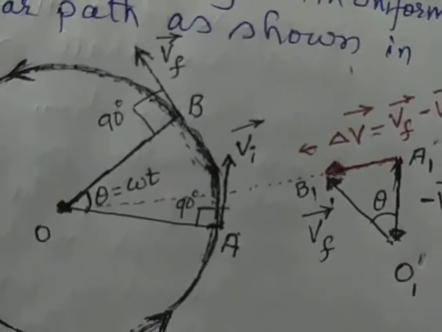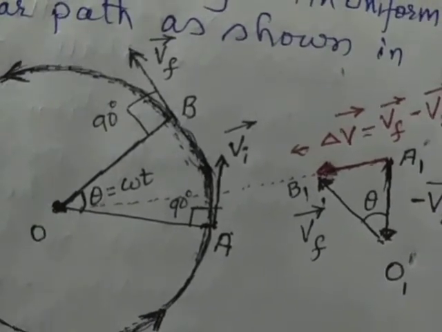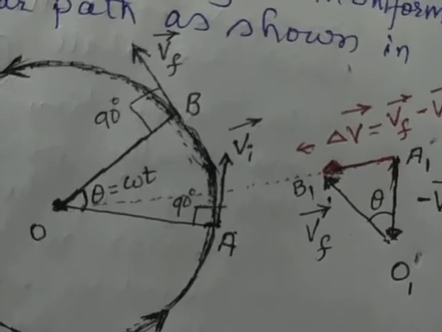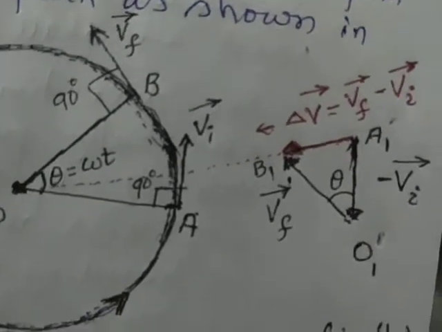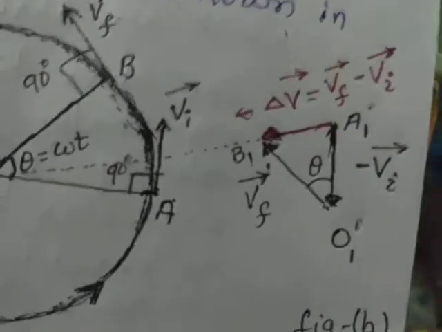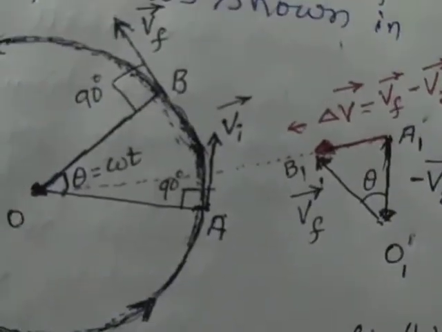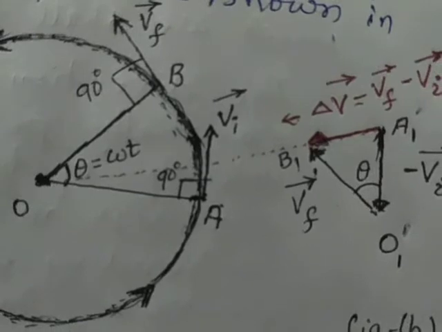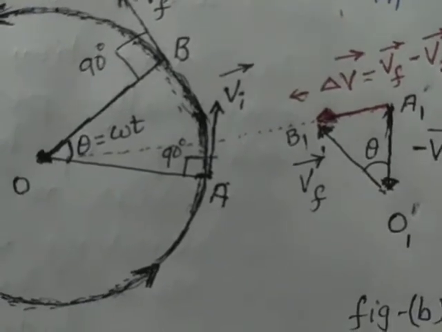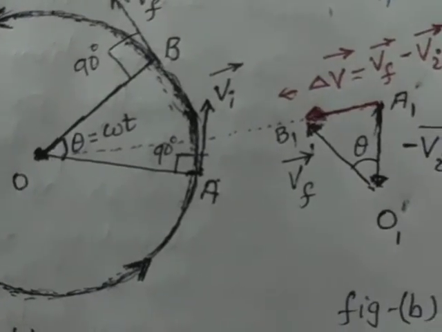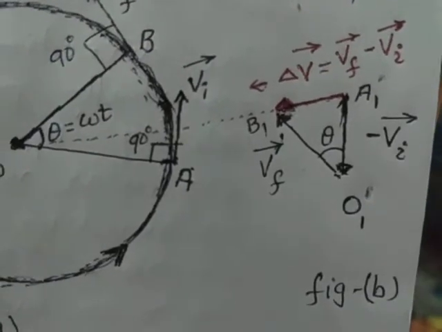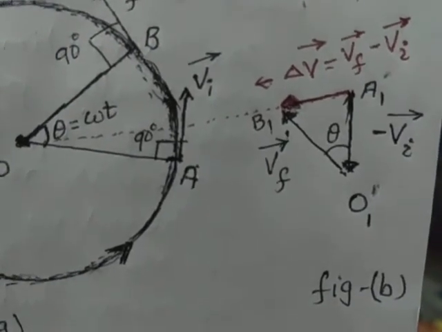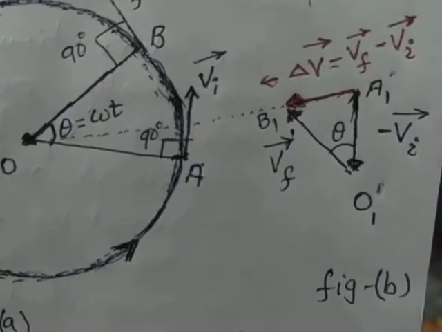Now if we draw an equal vector for vi and an equal vector for vf and reverse the direction of vi so that it becomes minus vi vector, then you can understand that these two triangles, triangle OAB and triangle O1 A1 B1, are both similar triangles because one of the angles is equal.